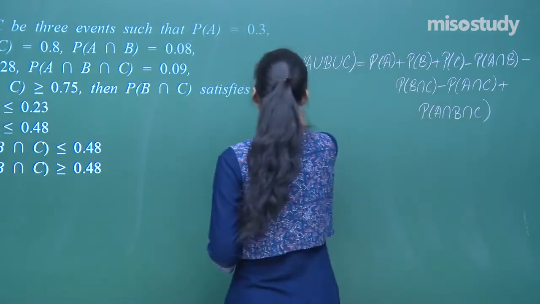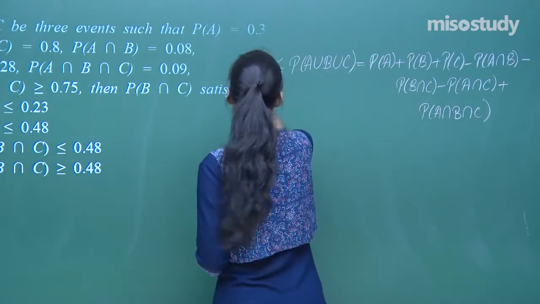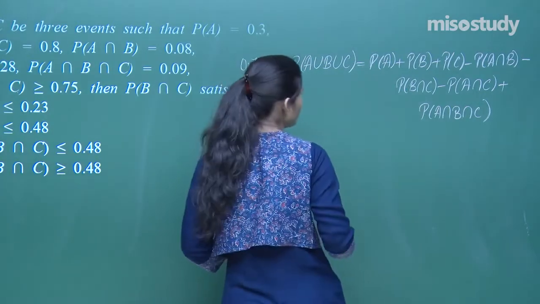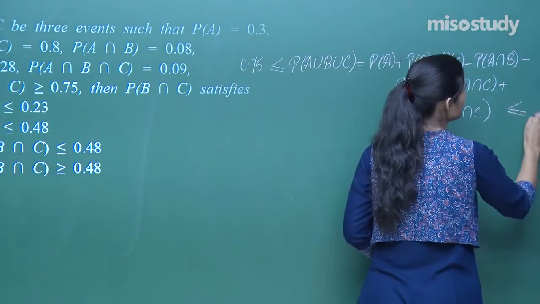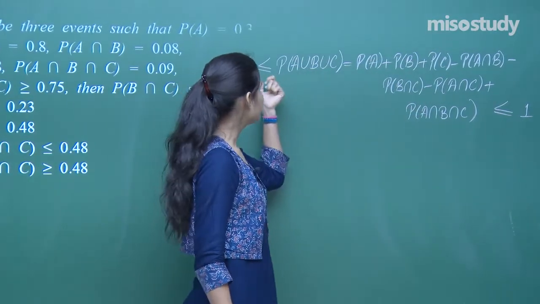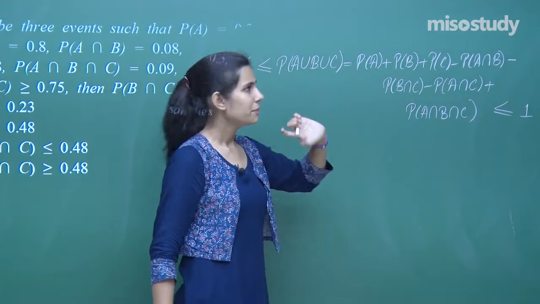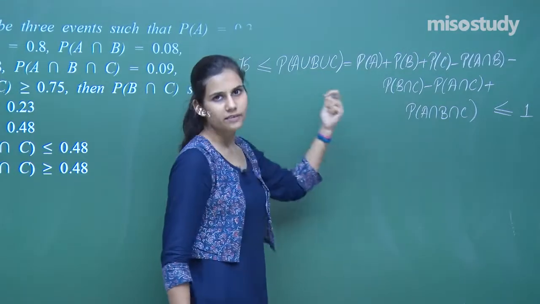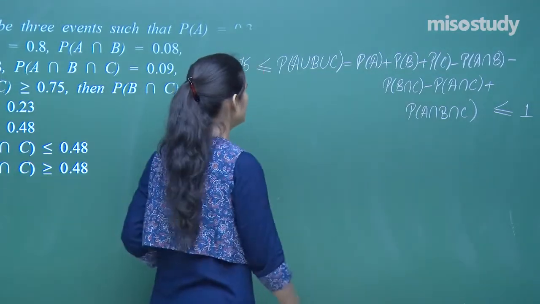It is given to you that this is greater than equal to 0.75 and you always know that this quantity is less than equal to 1. Probability of anything is greater than equal to 0 and less than equal to 1, but it is given that it is greater than equal to 0.75 and obviously it is less than equal to 1.